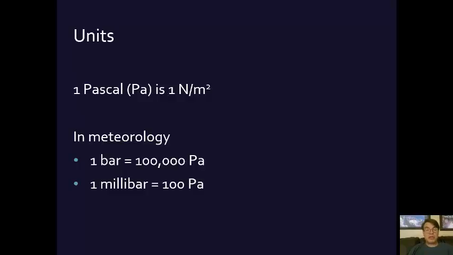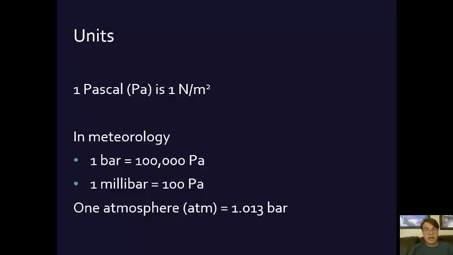So those are meteorological terms that are similar, and of course the atmosphere is roughly the same as 1 bar, but not exactly. So 1.013 bars is an atmosphere, or 1.013 times 10 to the 5th pascals. Okay, this is not hard so far.